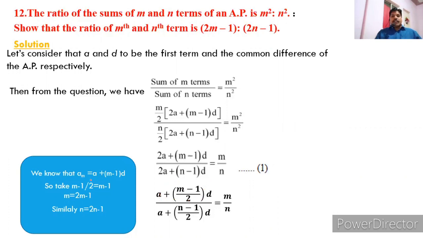In the numerator, a plus m minus 1 by 2 into d. So in this term you have to get m minus 1, and automatically it will become the mth term. And in the similar way, in the place of n minus 1 by 2, you have to get n minus 1, and automatically this term will become the nth term.